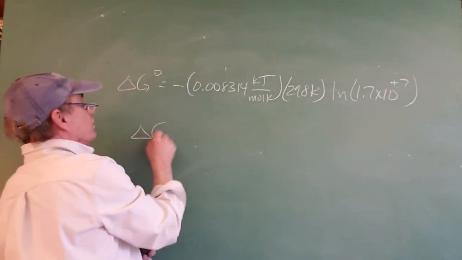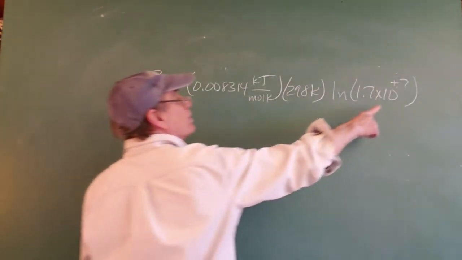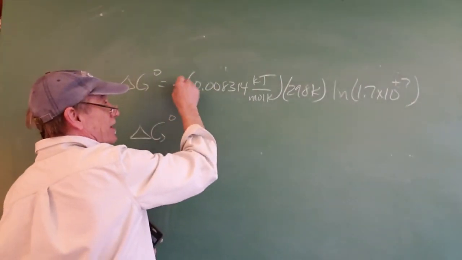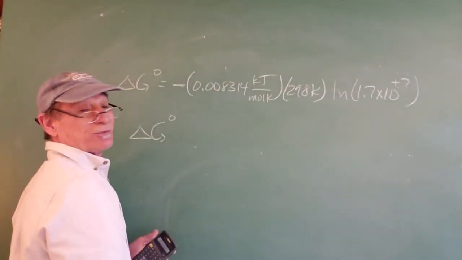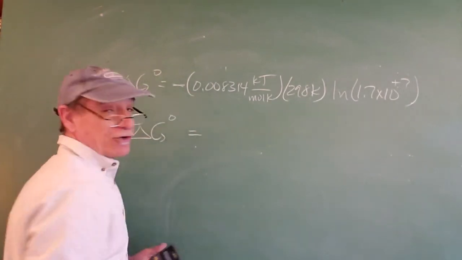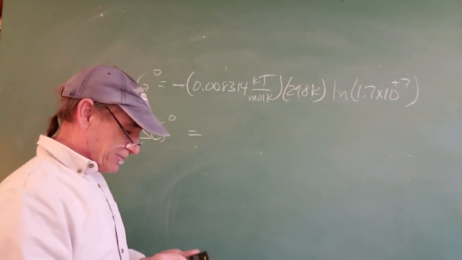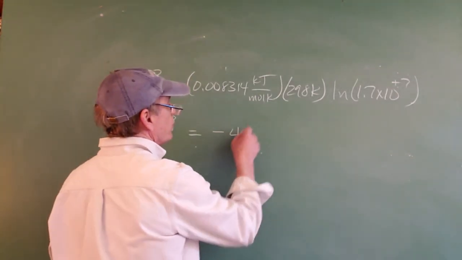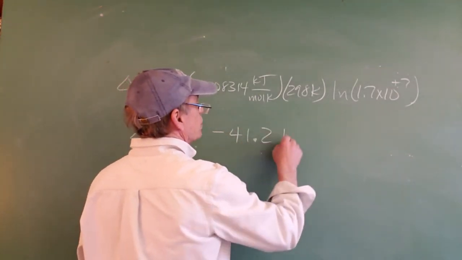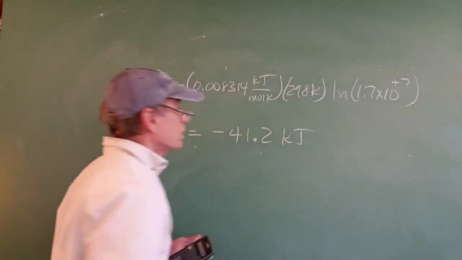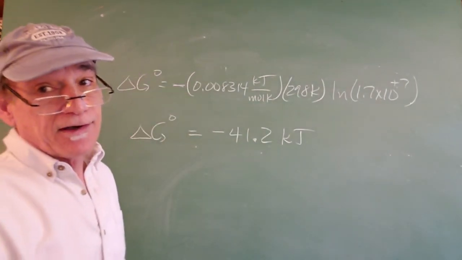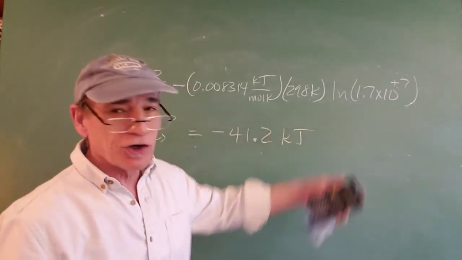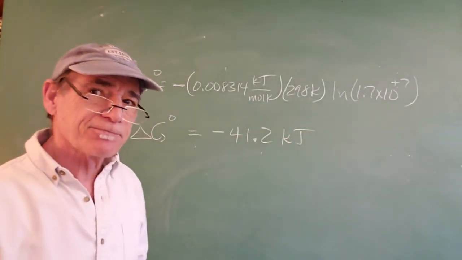Since that's a pretty large number, this natural log is going to be positive, so with this negative sign out in front, this delta G should be pretty negative. Let me crunch some numbers. Somebody back me up out there. I got negative 41.2 kilojoules. That would indicate reaction spontaneity, but we anticipated that given that large equilibrium constant.